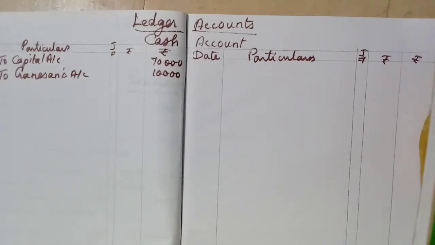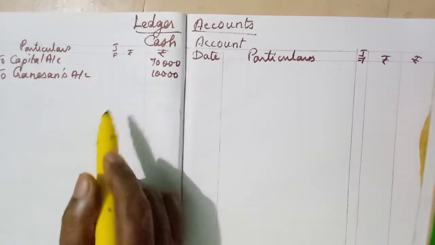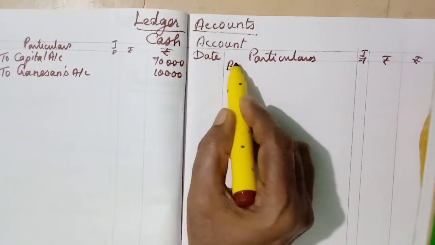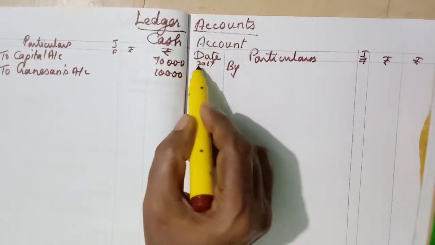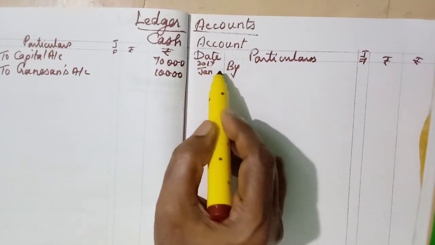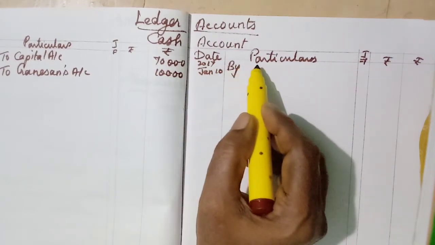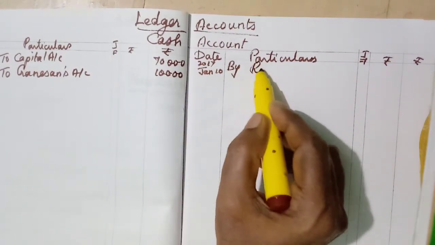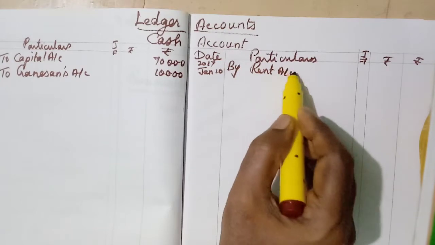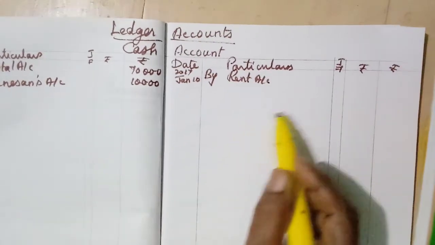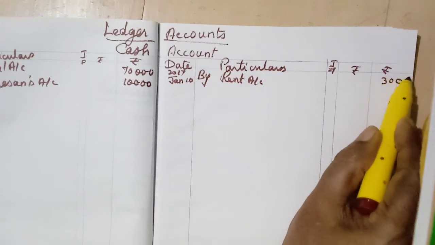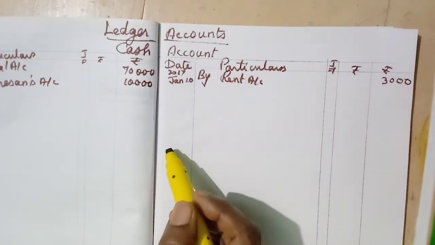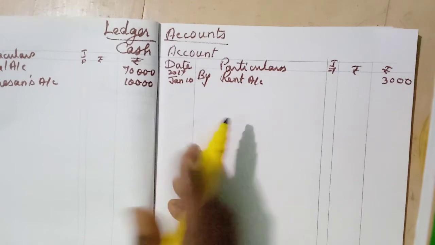Okay. Then third entry. Rent account debtor to cash. So cash is credited. So credit side we have to write. Before that you start the date. 10. By rent. 3,000. Okay, then the last one, cash debtor to commission received.